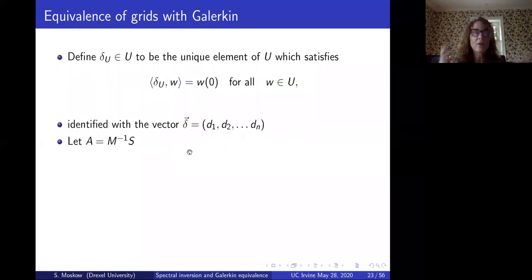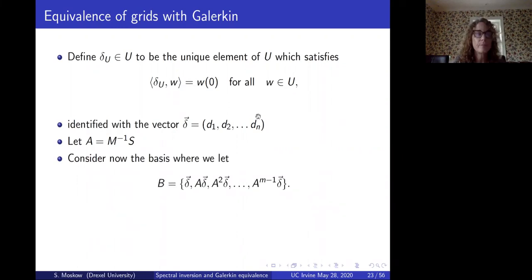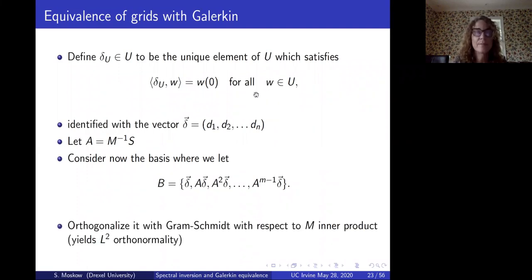The operator here is essentially M inverse S, our reduced version of the differential operator. And consider the basis where we take powers of A, which is M inverse S, starting with delta and taking powers, like Krylov subspaces.